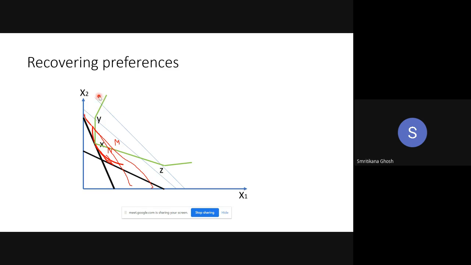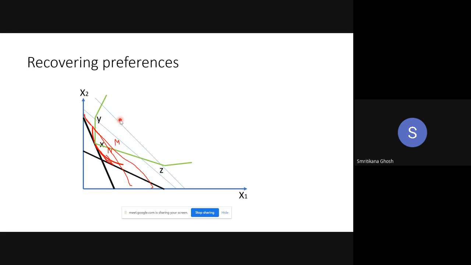So for this particular point, the budget line is very much different from the original black one. But the combinations are so close to x that finally you can easily say that x and that particular point are indifferent to each other. So you can join them to find out the indifference curve.